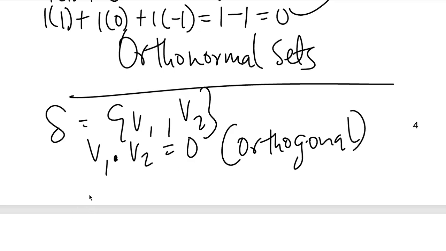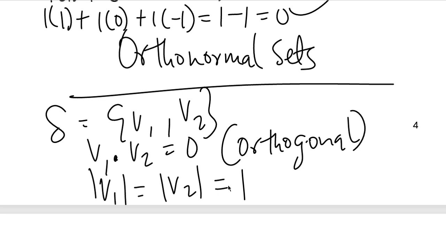And then secondly, the magnitude of v1 should be equal to the magnitude of v2 and should also be equal to 1. So the magnitude of all the members of the set is going to be 1, and also they're going to be orthogonal, meaning that their dot product is going to be 0.